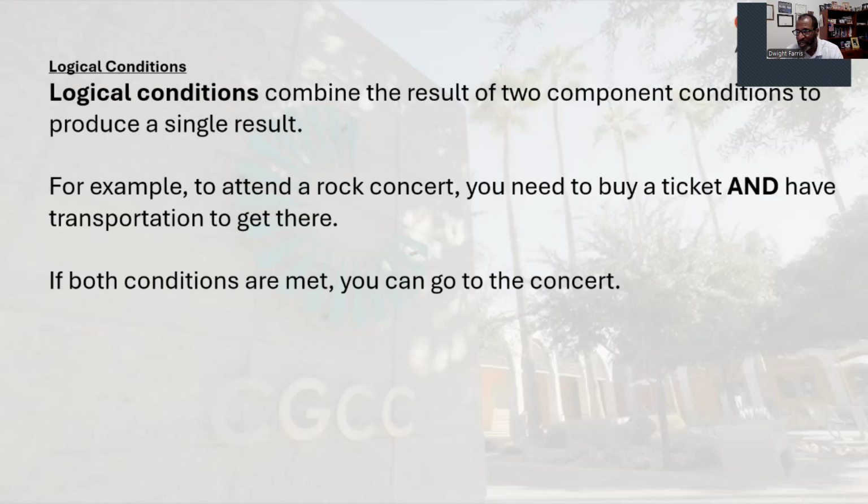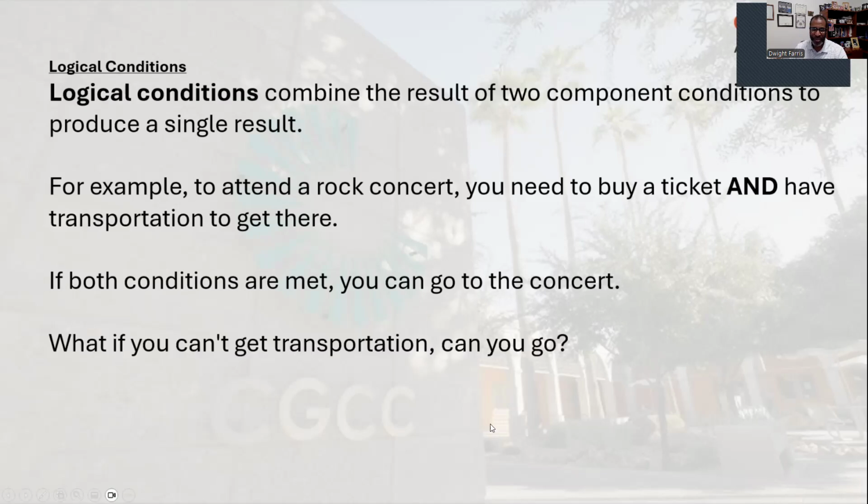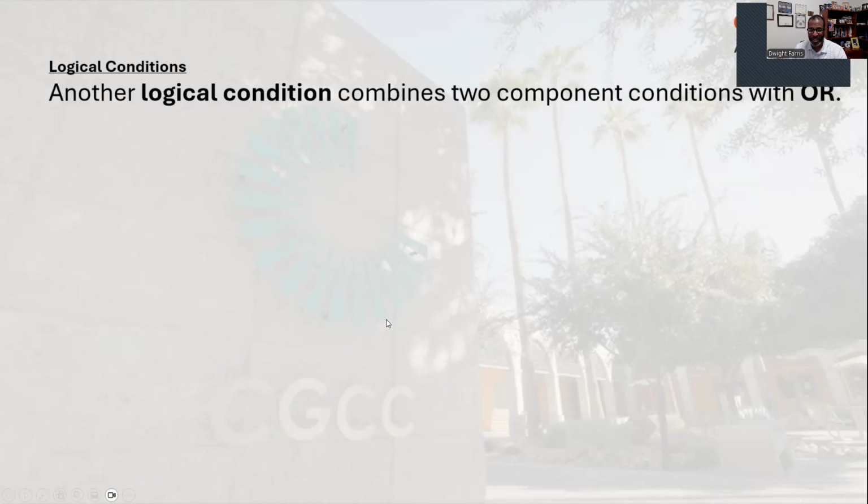If you're wondering, the X and the Y and things like that, we're not going to go that direction in math, but as far as logic, you want to think that way. So what if you can't get transportation? Can you go? This is the whole idea. If both conditions are not met, then obviously you can't go to the concert and you have to stay at home and watch streaming TV, which is probably better, right?